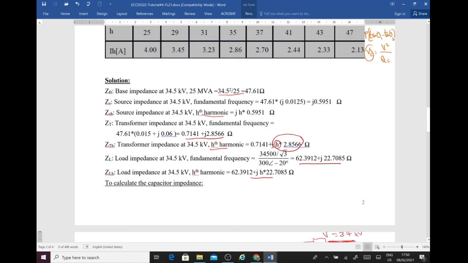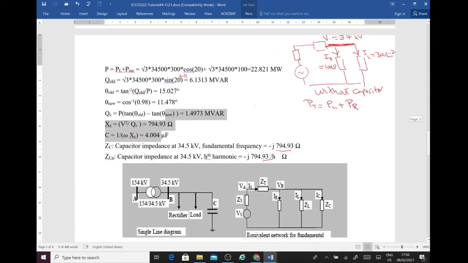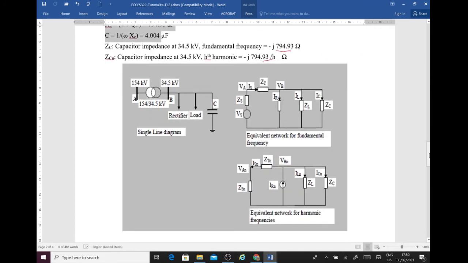Now all the system parameters are given to us, including the capacitor bank. So this one will be our equivalent circuit for the harmonic frequency.